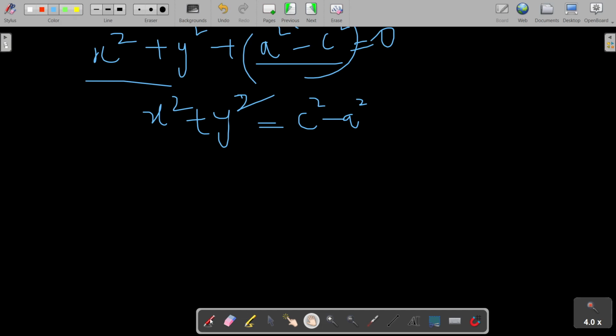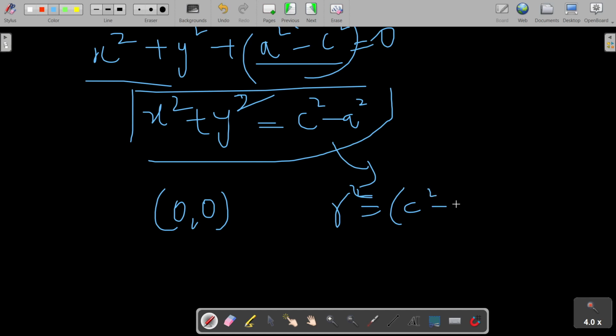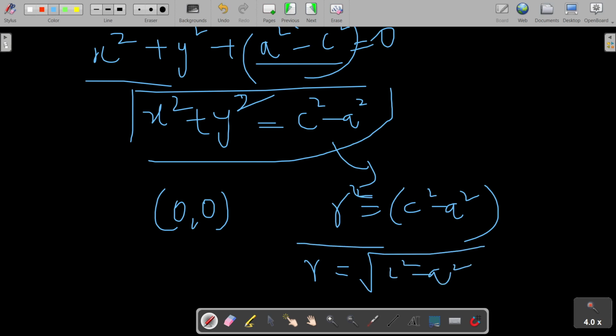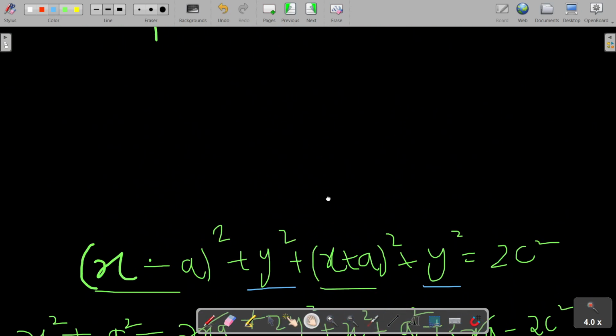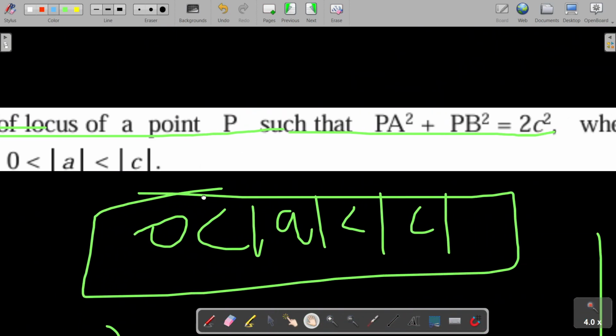So this represents a circle with center 0 comma 0 and radius squared r squared. We can say r squared is c squared minus a squared. If I write r only, r is the square root of this. So this is the locus equation for this problem.